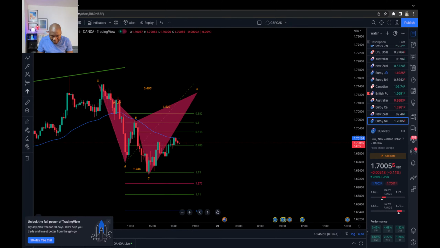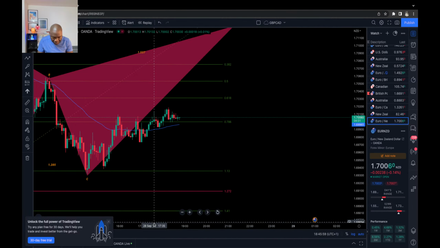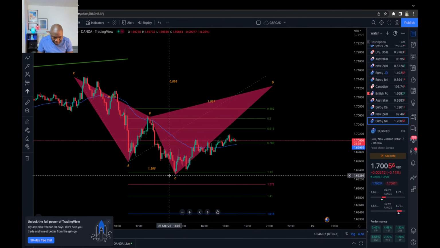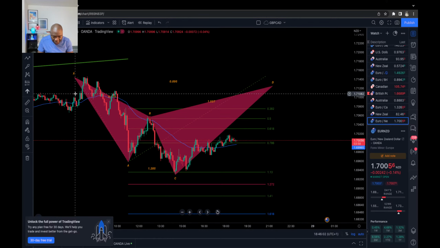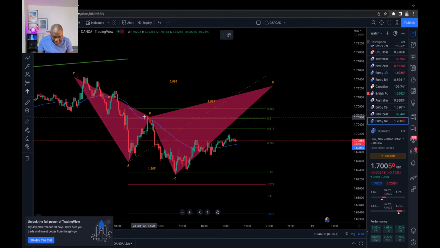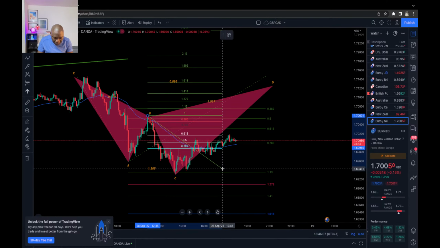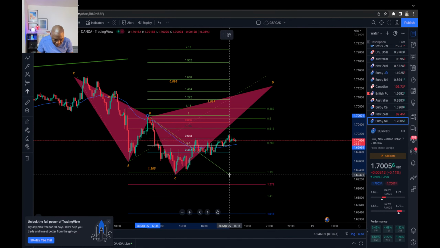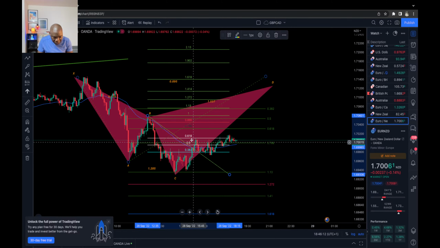The other thing, so if I go to the 5 minutes time frame, see if you can see this better. In the 5 minutes time frame, so if I do a retracement, that's a 618. So that looks to me like a Gartley pattern.